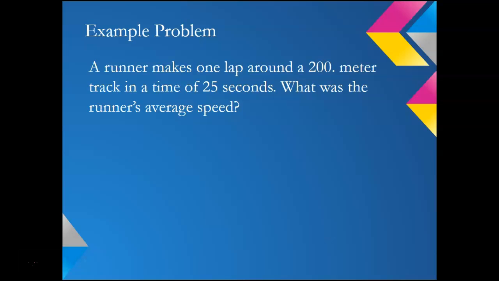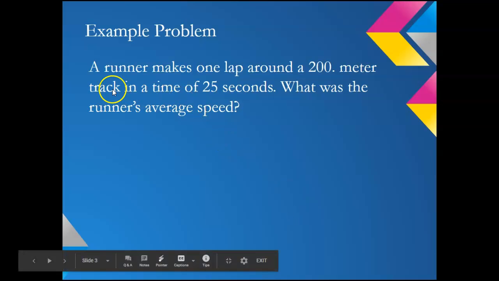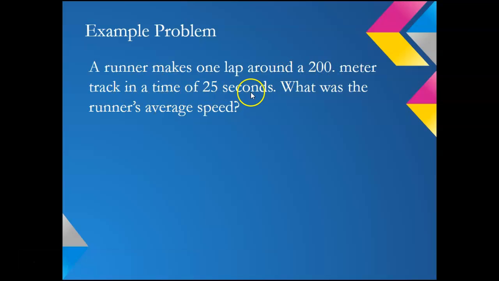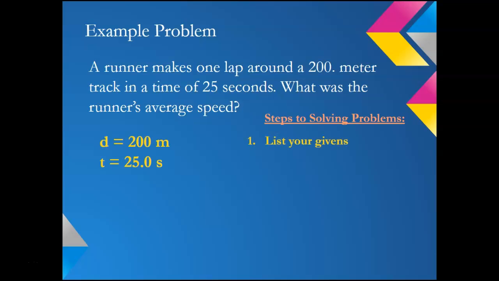Here is an example problem. A runner makes one lap around a 200-meter track in a time of 25 seconds. What was the runner's average speed? Here are steps to solve the problem. The first is to list what you are given.